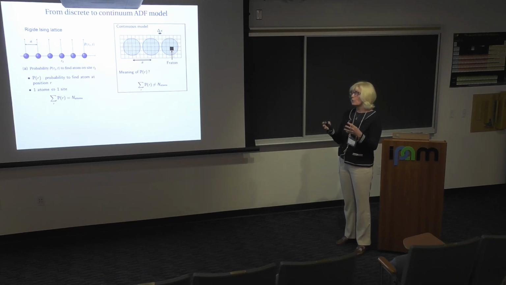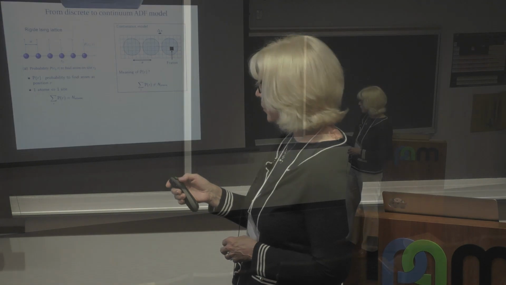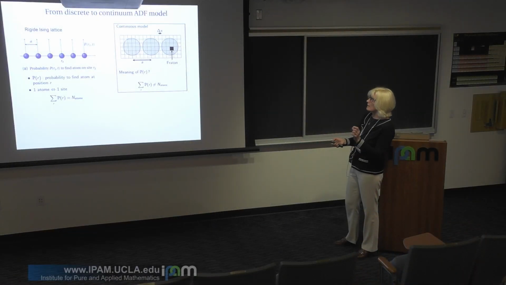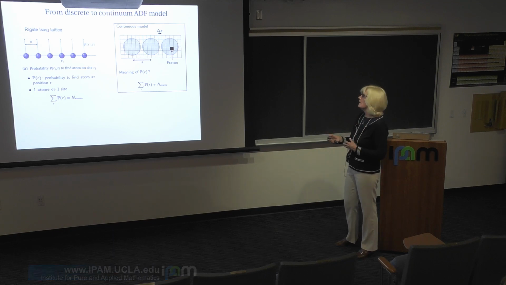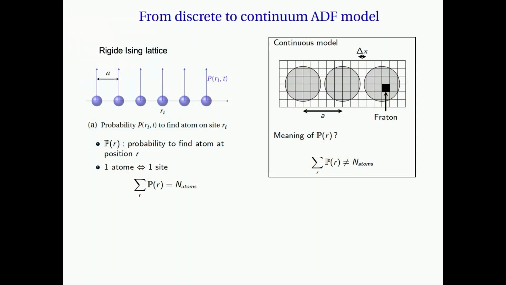Then the evolution of the probability just changes the probability at each site. If we go to a continuous model, we take the simulation mesh to be much smaller than the distance between the atoms. And in this case, there is some, not an artifact, but we need to think that atoms start to be a sphere. It's not just a point. It is a sphere, and some number of meshes of your simulation will be inside of this sphere.